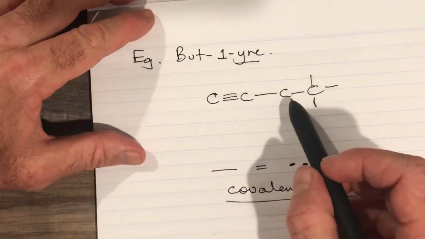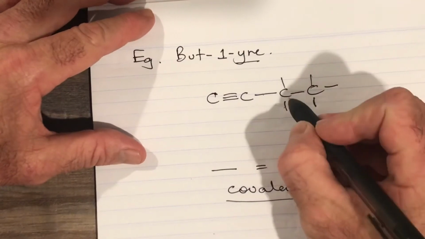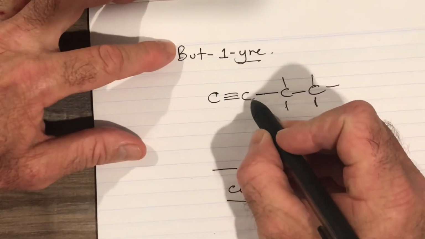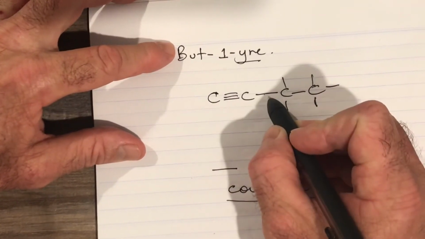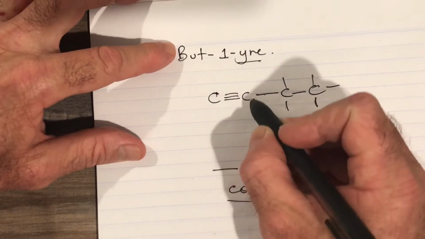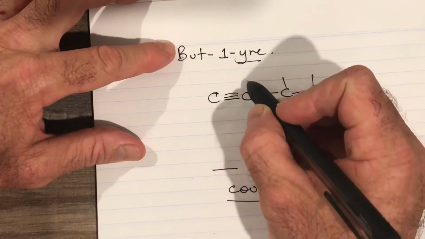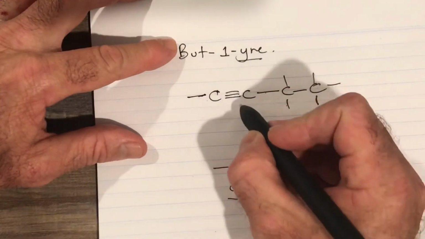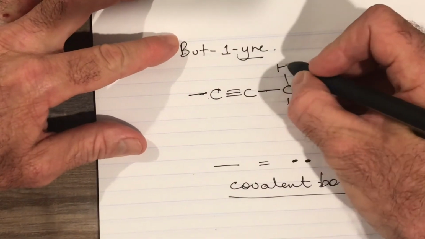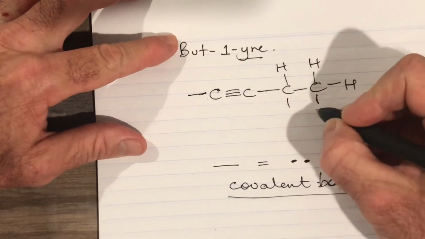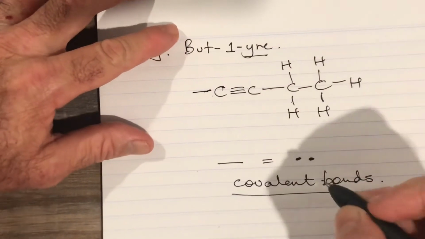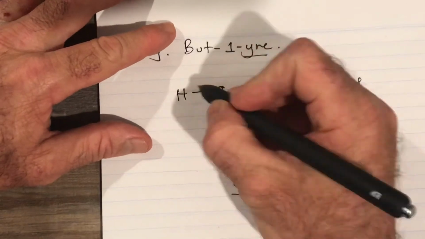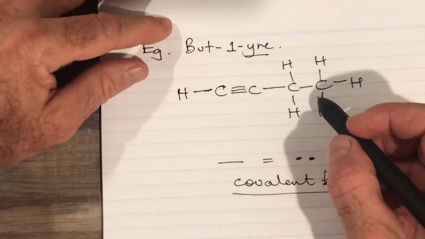And so this one's now got 4 sticks coming out. This carbon's already got 4 sticks coming out, so it won't be bonded to any hydrogen, and this one now has got 4 sticks. And don't forget, we should throw in some hydrogens there at the end of those bonds.